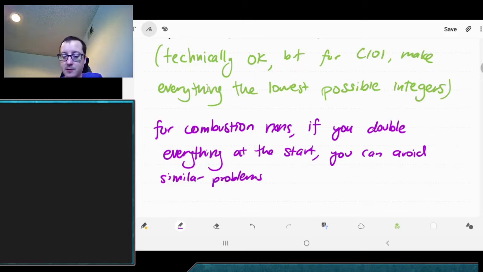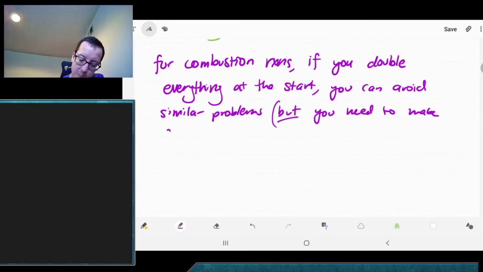But then, as a result, there is one more thing you need to keep in mind. You need to make sure you have the lowest integers.